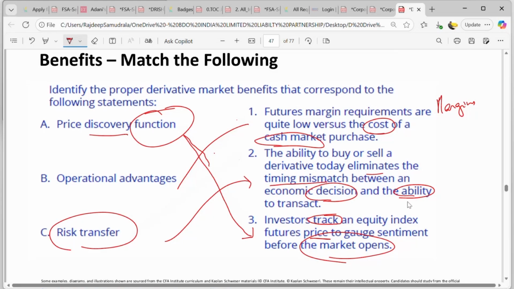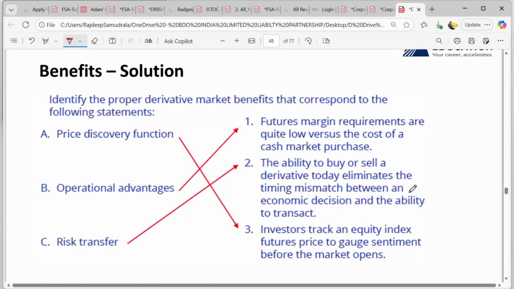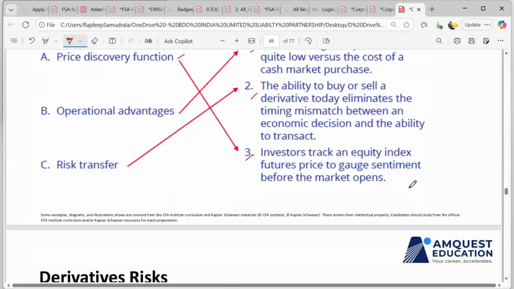Operations has many connotations: margin trading, putting deposits, transactions, low costs, low brokerage, and so on. Look at this: price discovery, operational, and risk transfer.